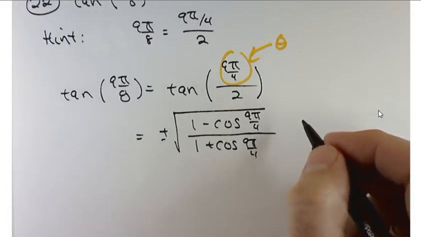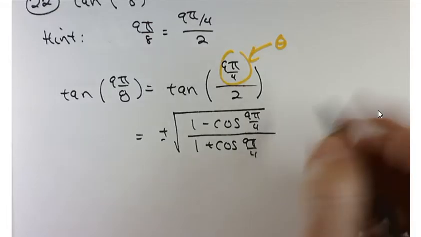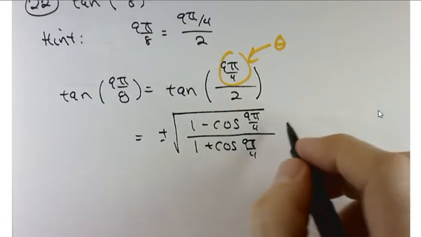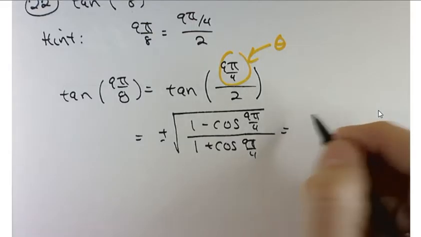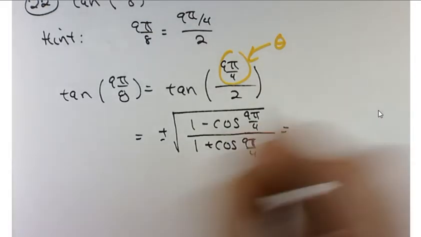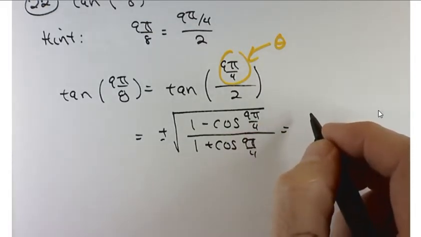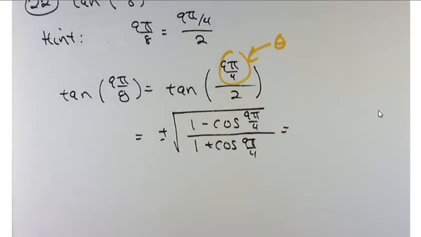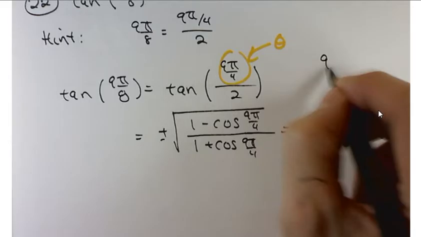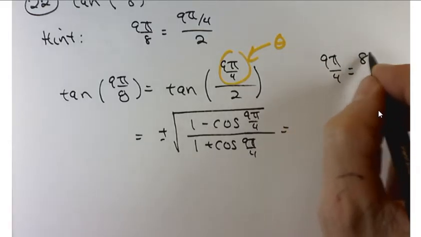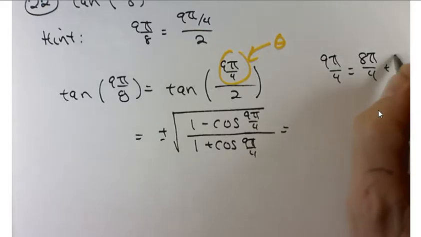9 pi over 4 turns out to be a 45-degree angle. Absolutely. In fact, I just said exactly what you're suggesting. 9 pi over 4 is 8 pi over 4 plus pi over 4.